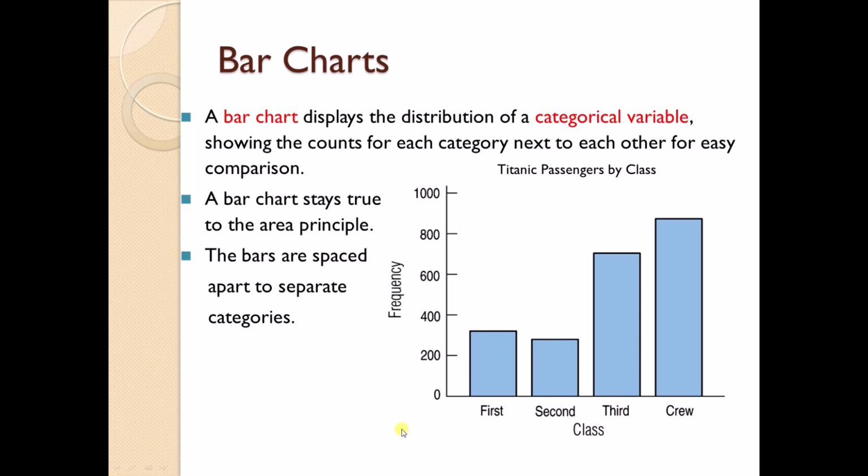Okay? Now, keep in mind you need to keep these bars separate, because if they touch each other, if this butts up against this, which butts up against this, you're telling your reader it's only one category. But these are all four separate and distinct categories, so don't let them touch. Put this on graph paper.